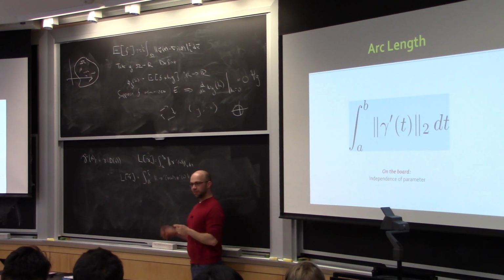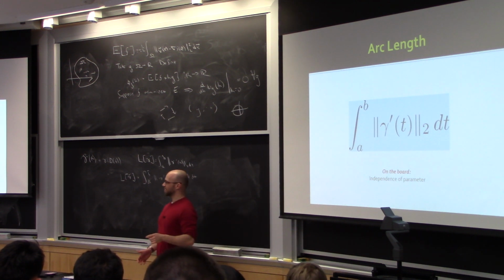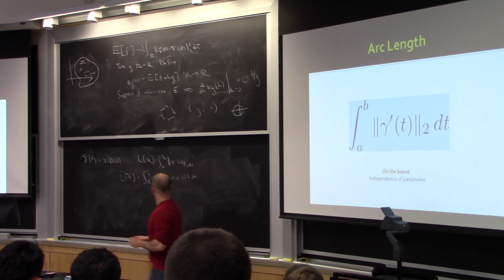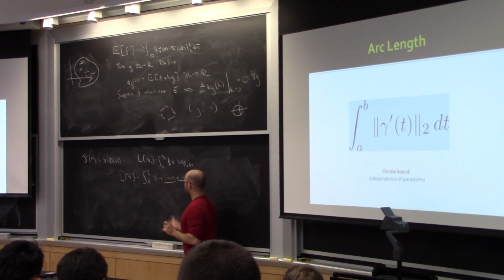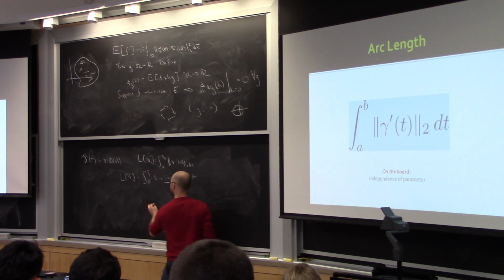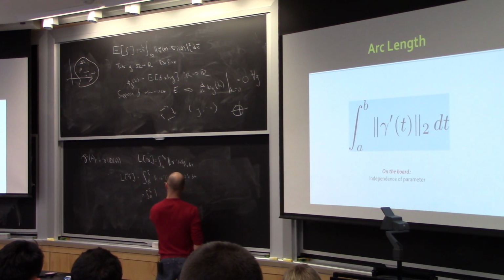Everybody see that? That's from the chain rule. Nods? Signs of life? Anything? Like look up? There we go. Okay. Remember, this thing is a scalar. This is a vector, right? So I can take this guy out of the norm. That's okay. Yeah. So this is the absolute value.